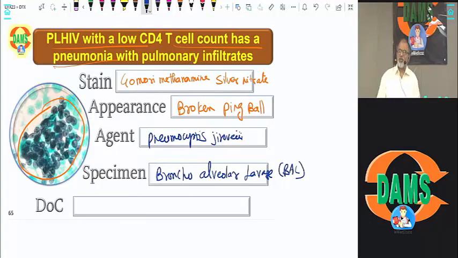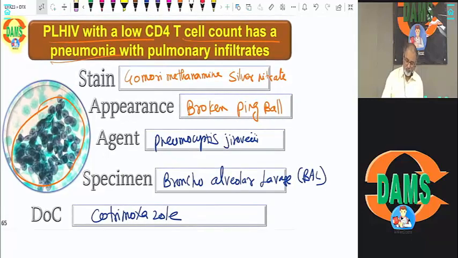And what is the drug of choice? No antifungal, no antibacterial. Cotrimoxazole, excellent. Cotrimoxazole is the treatment. So it's a case of Pneumocystis jirovecii.